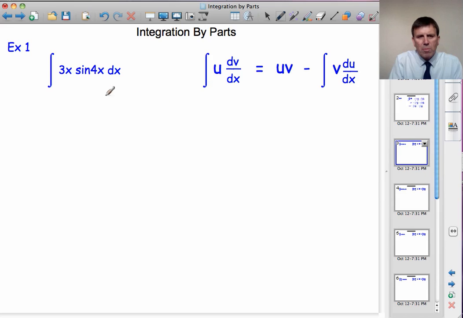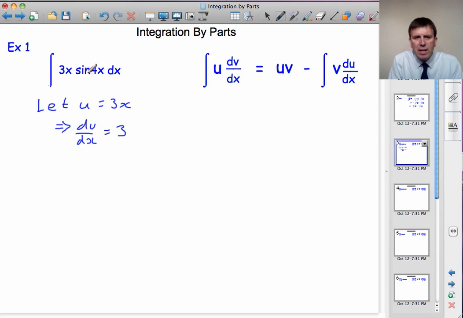So I'm going to start by saying let u be 3x. And if u is 3x, that means du by dx, the differential of that with respect to x, is equal to 3. And I'm now going to let dv by dx equal sine 4x, so that's going to be this term here.